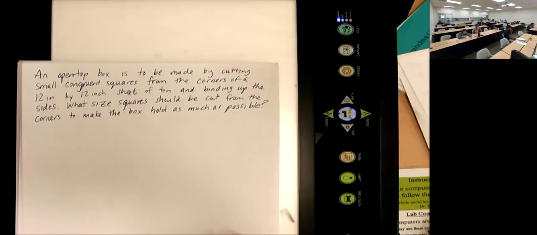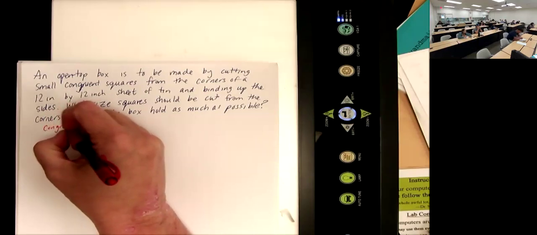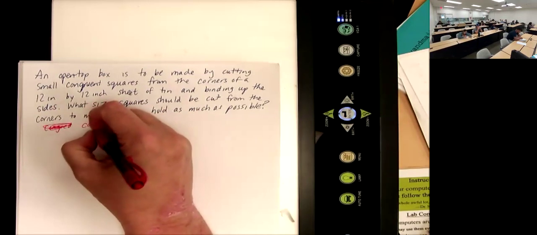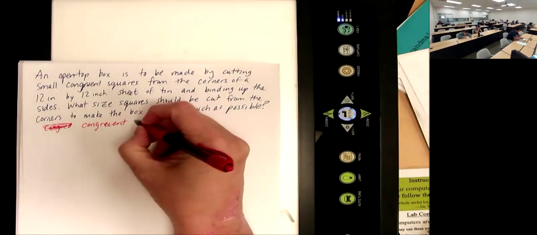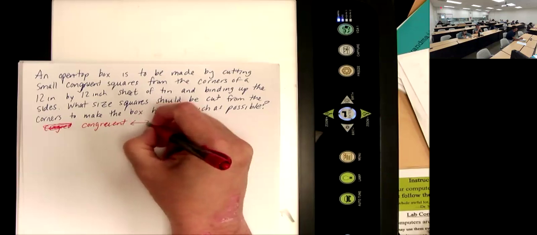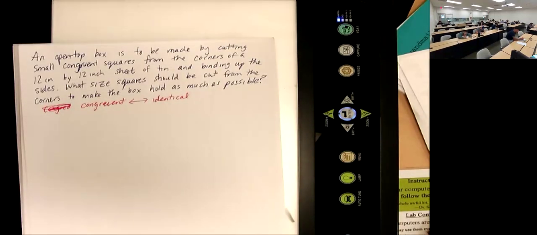Okay, so congruent, in this context, is another word for identical. Congruent shapes have the same shape, same dimensions.